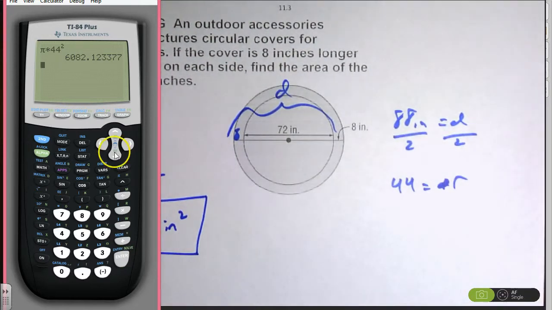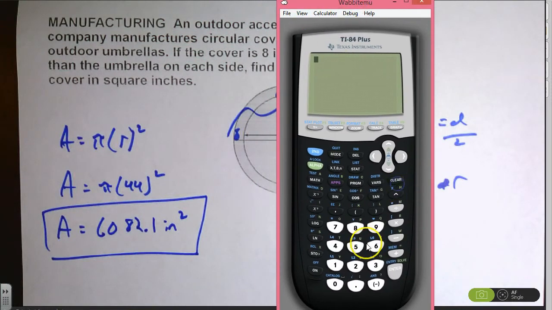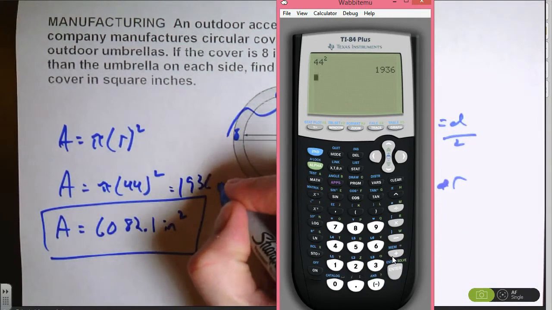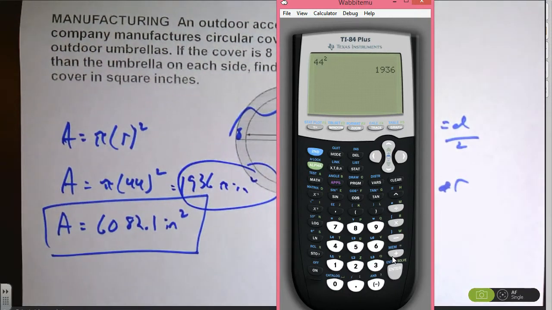If I wanted exact answers for this, whatever 44 squared is, 1,936 pi. So there's your exact answer, 1,936 pi inches squared.